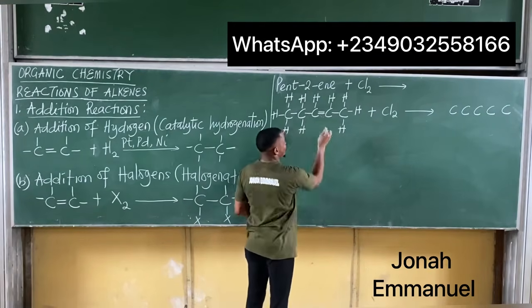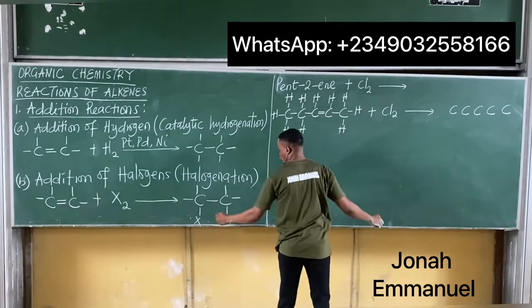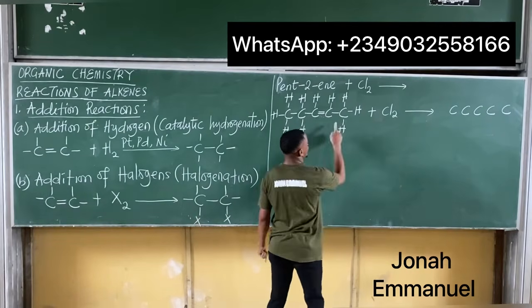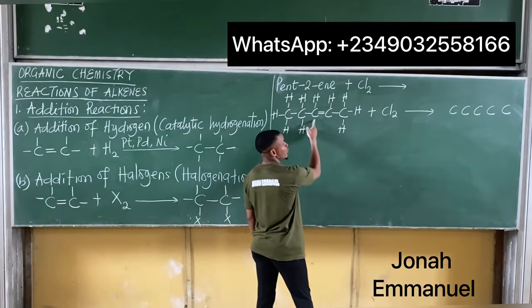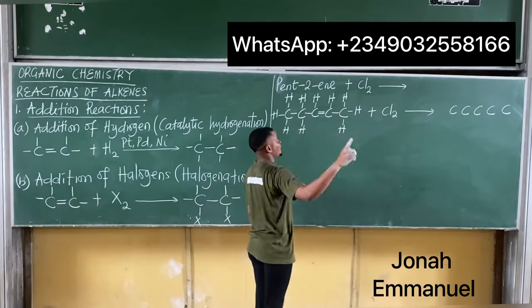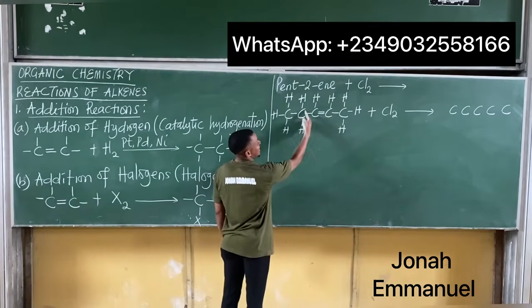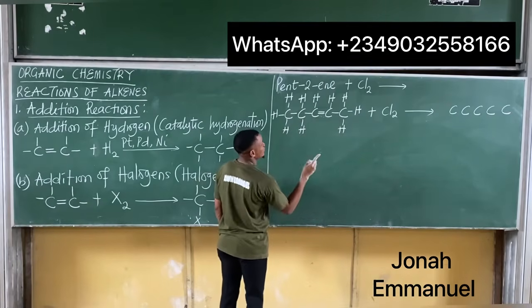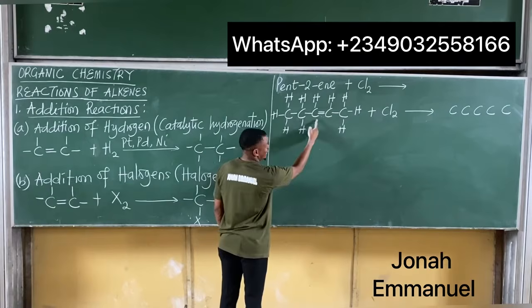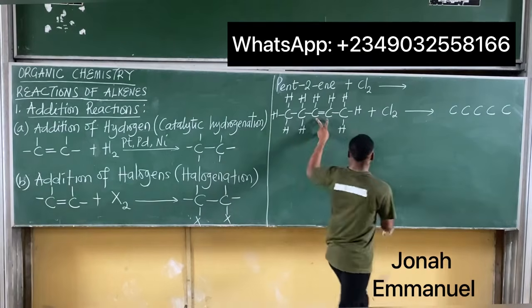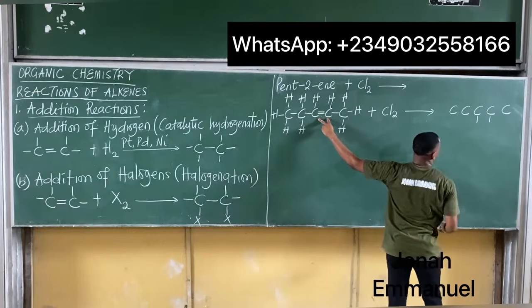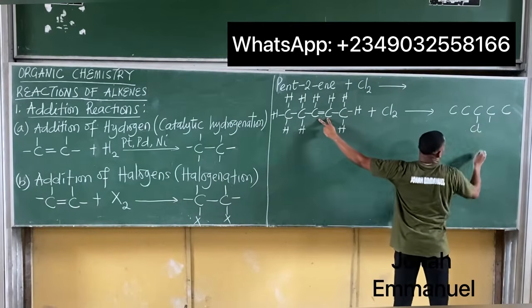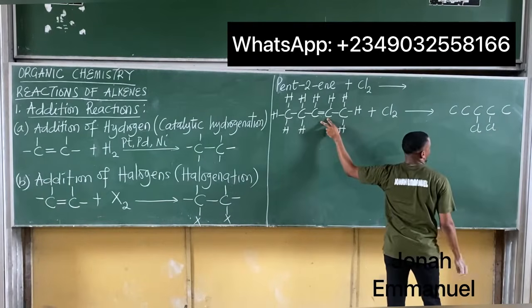My two chlorines will be attached to this carbon and this one, because they were the ones bearing the double bond. If you are choosing here as your 2, your Cl becomes here and here. For mine, since these two were bearing the double bond, my chlorine comes here and here.